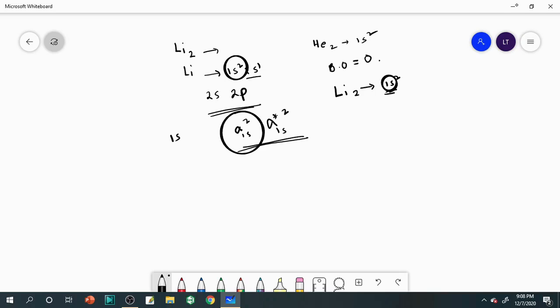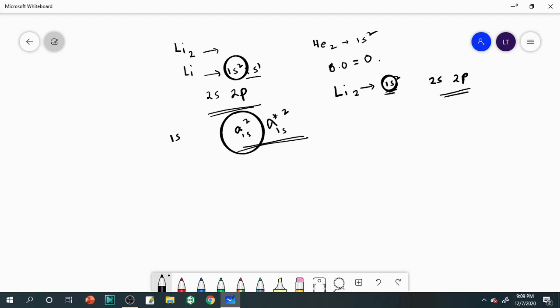Here the valence shell has principal quantum number 2, and that is why we will confine ourselves only to the 2s and 2p atomic orbitals. We will remain restricted to the discussion of the 2s and 2p orbitals, and these 2s and 2p orbitals, I am again repeating, are mostly responsible for the formation of bonding between different atoms.